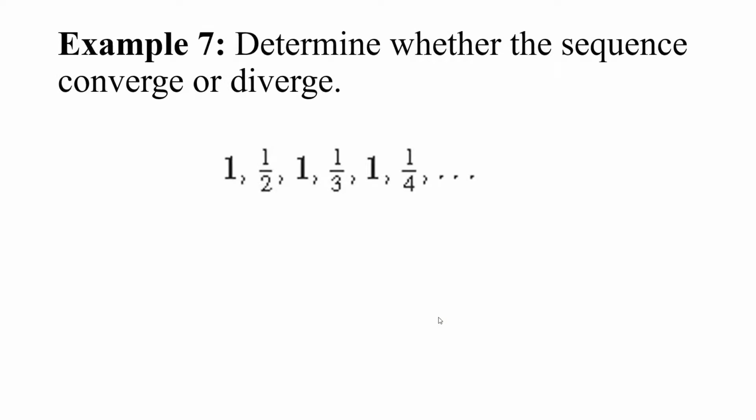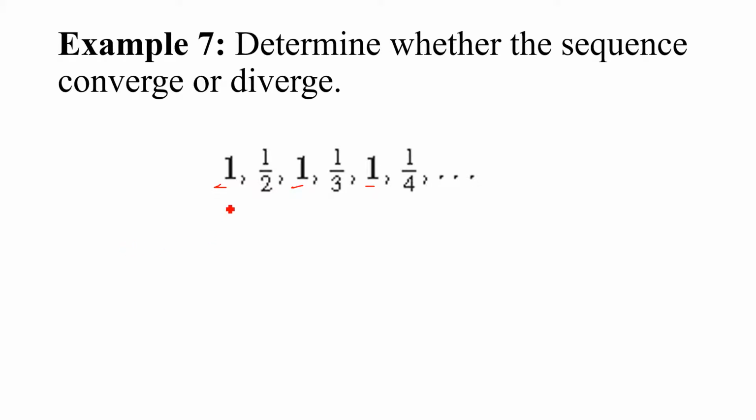So, determine whether the sequence converges or diverges. In this case, as we can see here, the odd numbered terms converge to 1: 1, 1, 1. So in other words, the odd numbered terms are approaching 1.